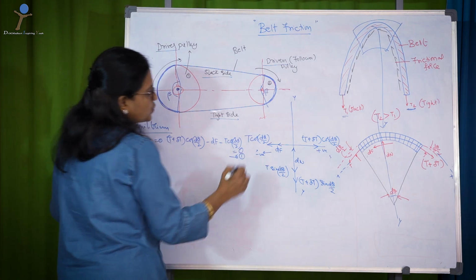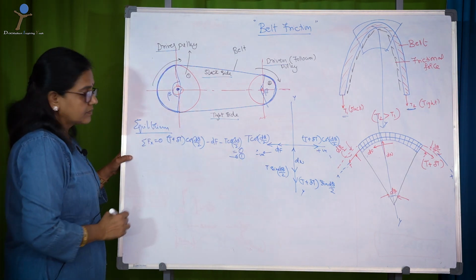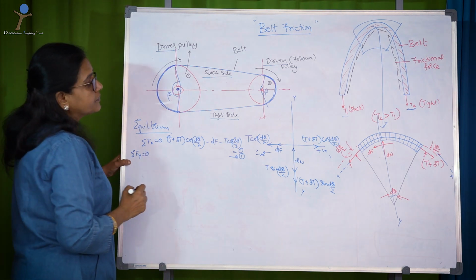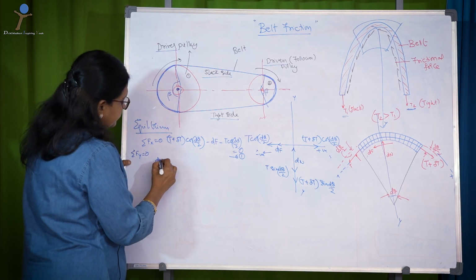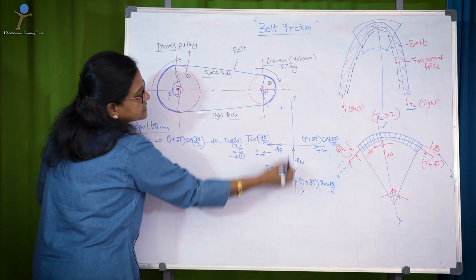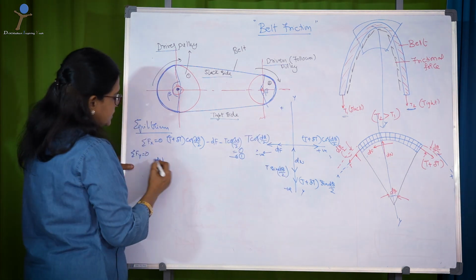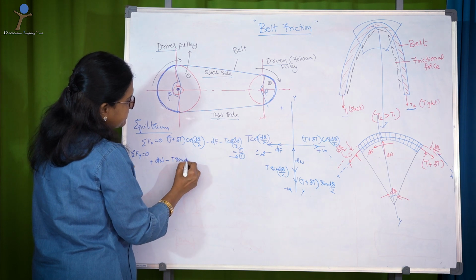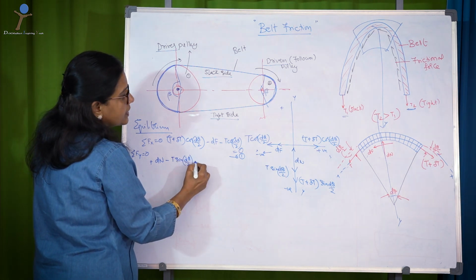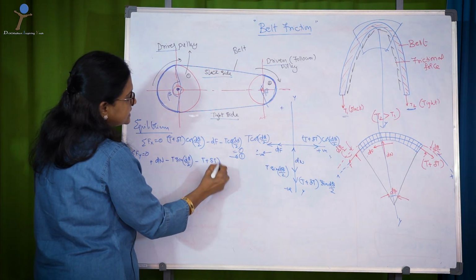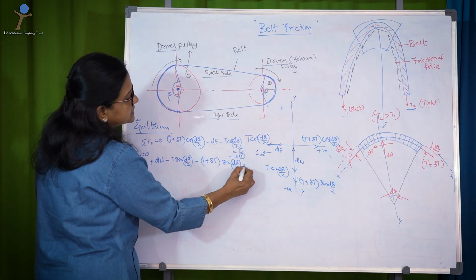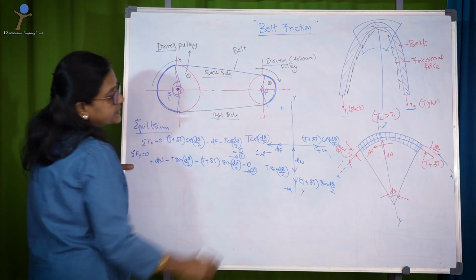Let me call it equation 1. Now, sigma Fy equal to 0 gives you dN, forces in this direction positive, in this direction negative. So, plus dN minus T sin d theta by 2 minus (T plus delta T) into sin d theta by 2 equal to 0. Let me put it as equation 2.